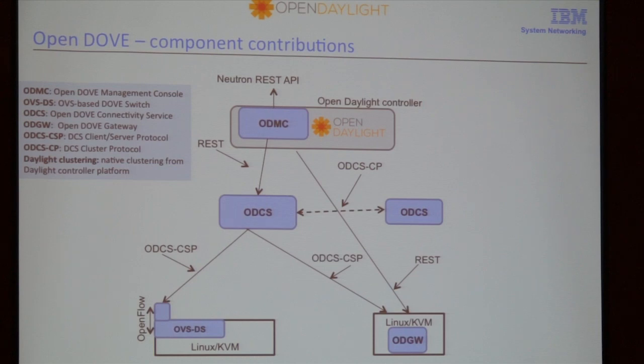They're looking for different implementations of control plane protocols, because most of the stuff like VXLAN and NVGRE, those drafts don't talk about control plane. So we're going to be publishing the client-server protocol there. The code is there today, so you can see how the client-server protocol works. And then there's also a REST interface to talk to the Dove gateway piece. So this is how the current architecture looks today.